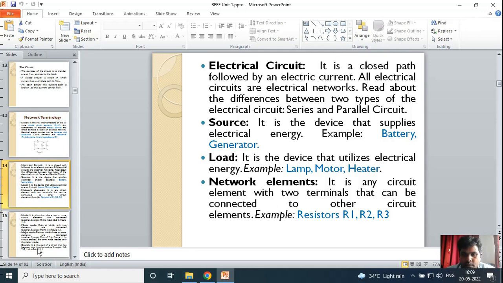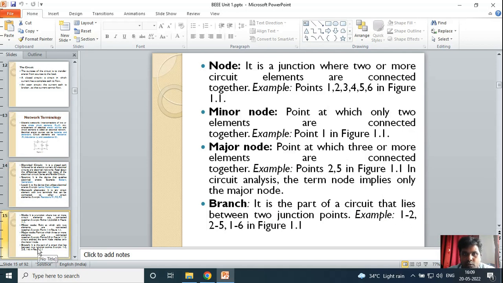What is meant by minor node? A minor node is where two elements are connected together at one point. When more than two, that means three or more elements, are connected together at one point, that node is a major node.